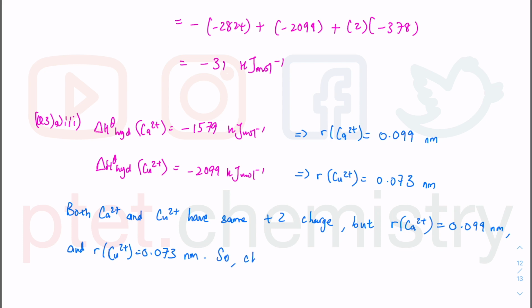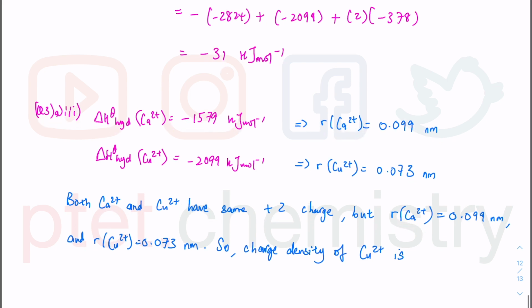So charge density of Cu2 plus, which is charge over size, charge over volume. Volume depends on radius, so charge density of copper 2 plus is larger or bigger than that of calcium 2 plus, therefore forms stronger ion dipole bond.